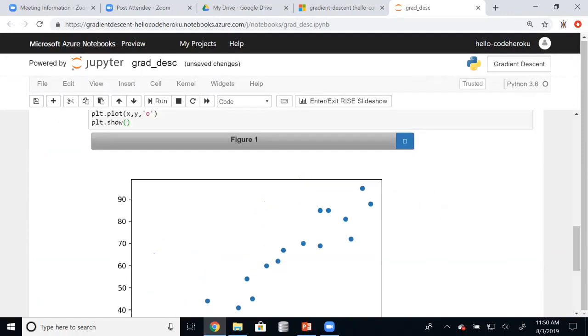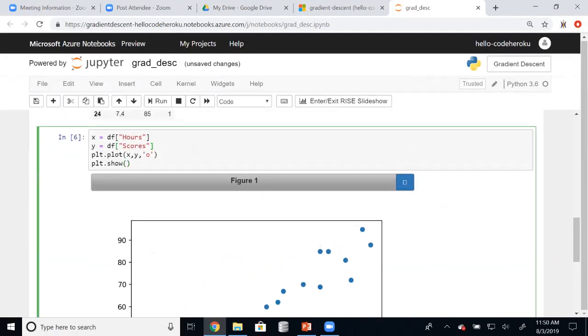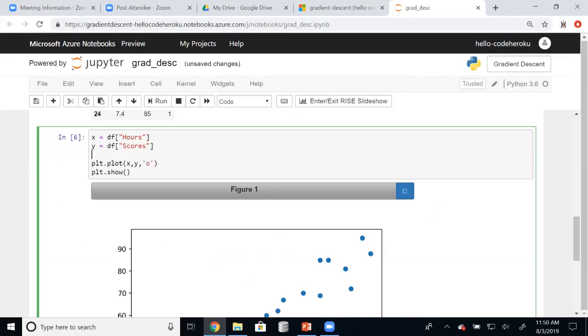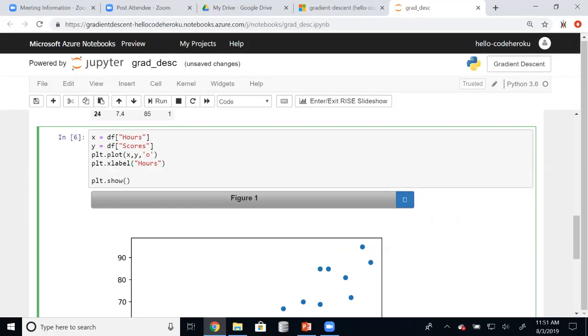So let's just add some labels to our axes as well. So I'm going to say plt.xlabel, I have the hours. And on plt.ylabel, I have the scores.